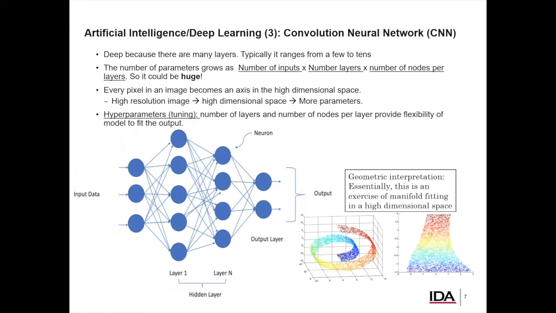The number of parameters goes like the number of inputs times the number of layers and so on. So basically these vertices are the arrows in the diagram here.